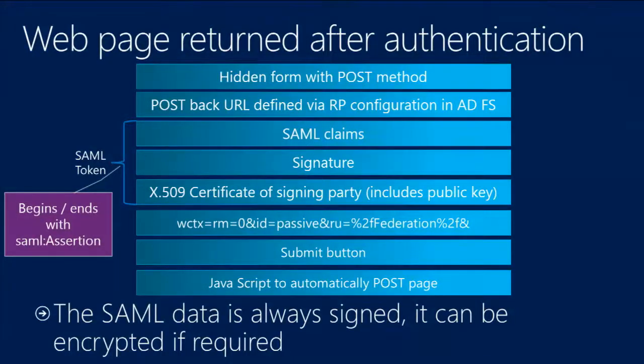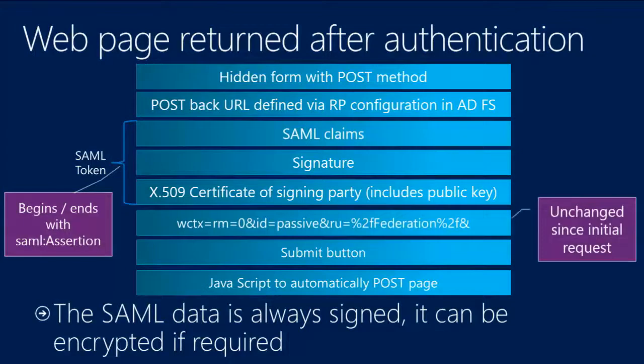So here, this could be dealing with SAML-P or WS-Fed, but the token is in SAML format. I've just put it there. It begins and ends with saml:Assertion. We've got the wctx parameter that's passed back, and then we've got this little bit of JavaScript to automate the submission.